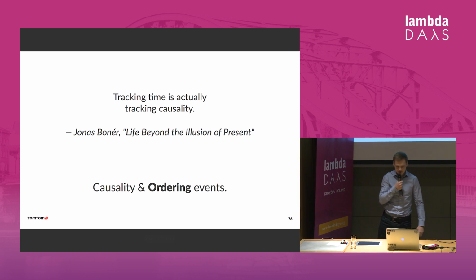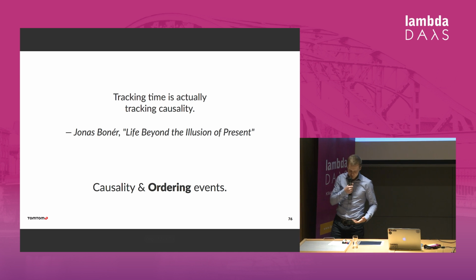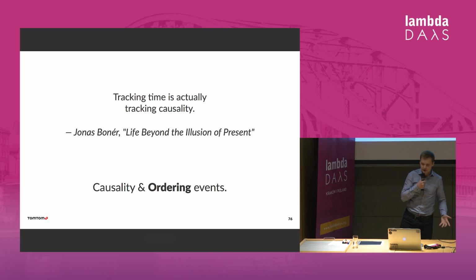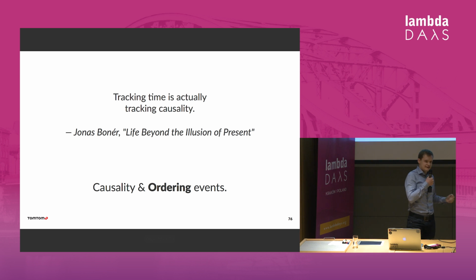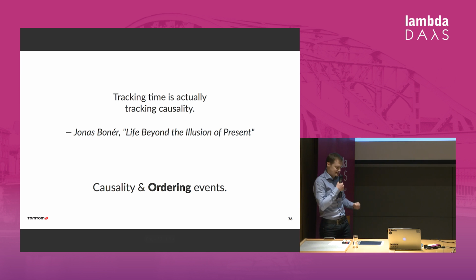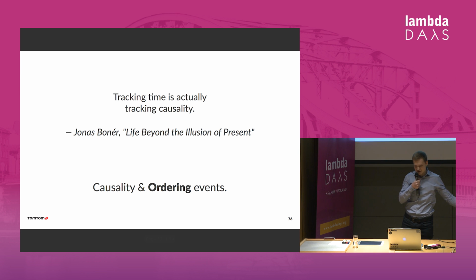He was arguing that when we track time, we are not interested in the time itself. What we really need in distributed systems is the ordering of events. We need to understand what happened after what, some sort of happens-before relationship. So the most important thing is causality and ordering.